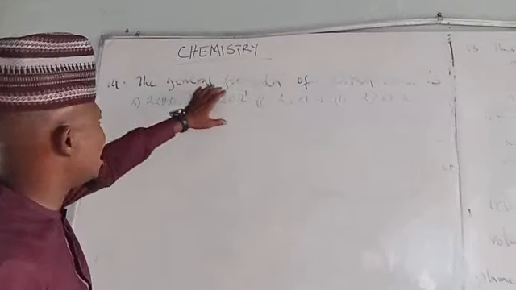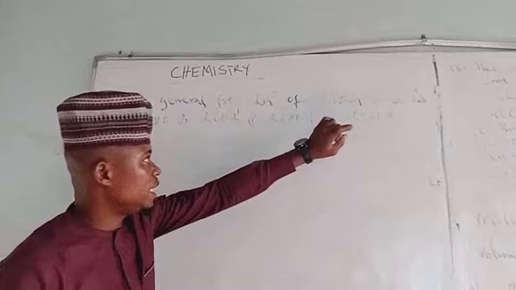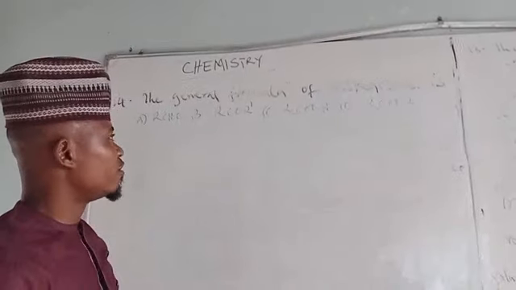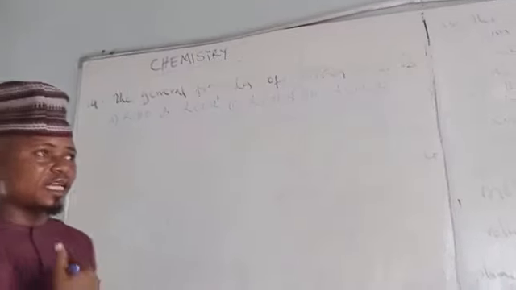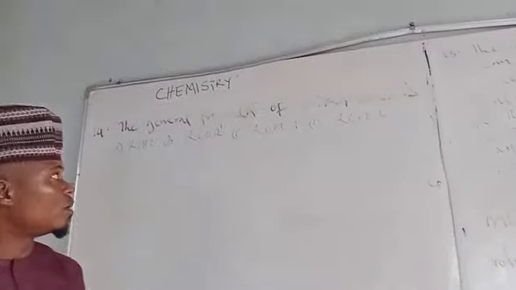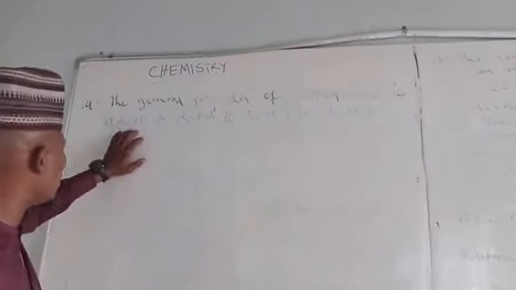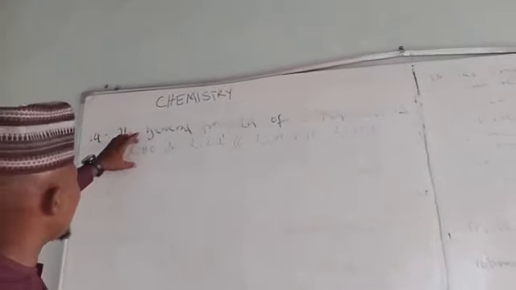The general formula of alkanones is, if you don't call them alkanones, you call them ketones. This one is from the homologous series and functional group. If you don't know the functional group for the alkanones, you don't know the answer. So here we have RCHO. This is the formula for what? Alkanals.